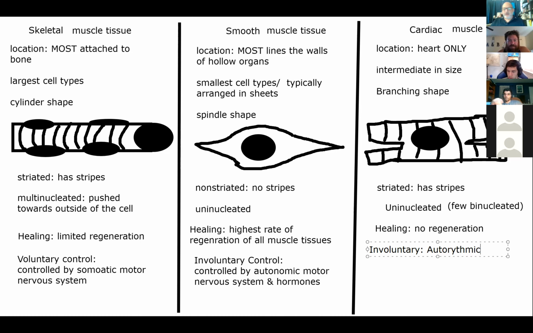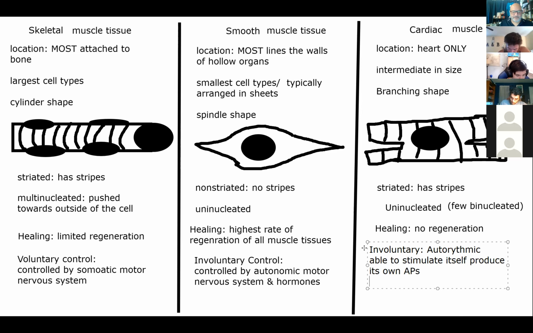So what's cool about cardiac muscle is that it's autorhythmic. It is able to stimulate itself, produce its own action potentials. It doesn't have to be stimulated by other systems, but it can be modified. Like I said, while you're sitting here calmly in the classroom, you have a certain heart rate. When you're exercising after class today, you have a certain heart rate. When you're meditating, you have a certain heart rate. Our heart rate can go up and down depending on our needs, depending on our emotions, depending on lots of things.